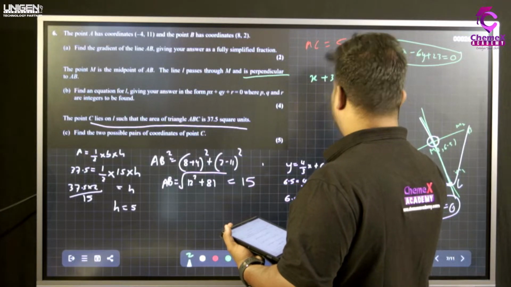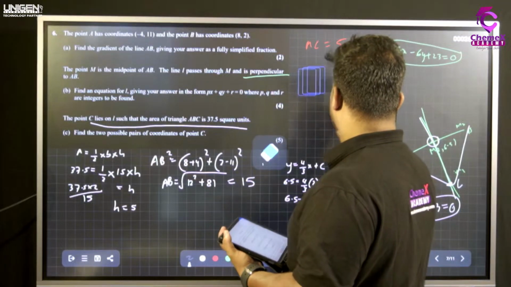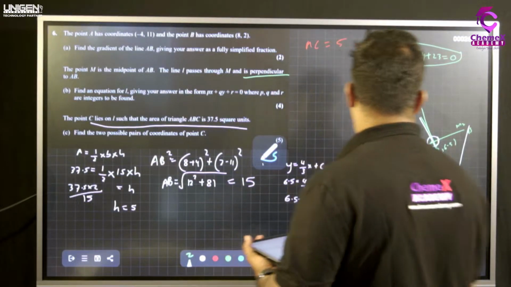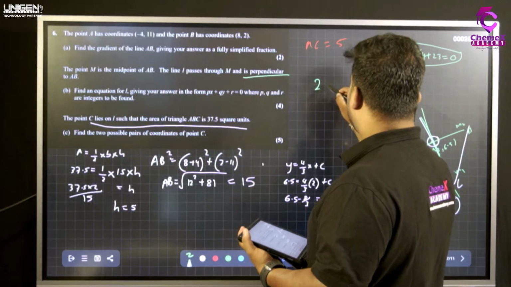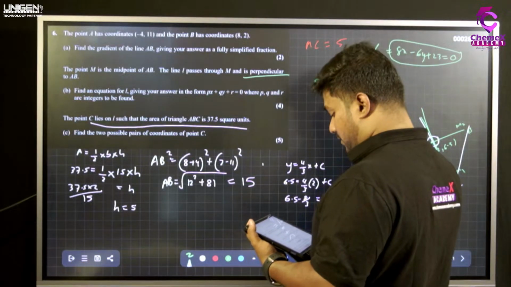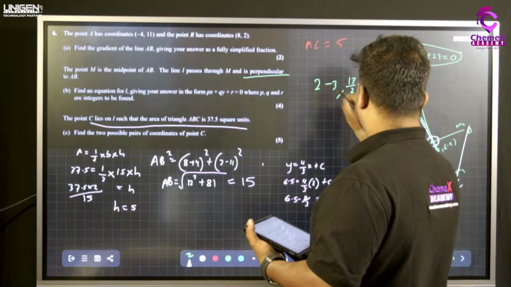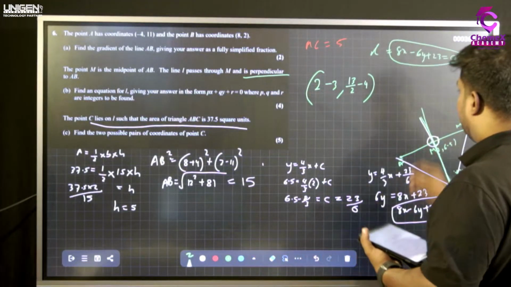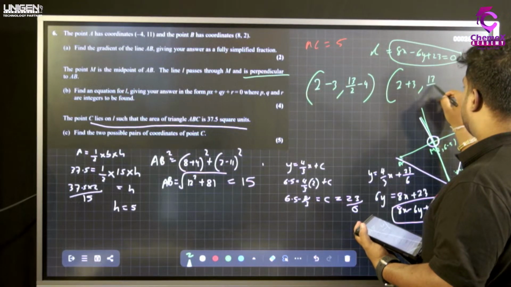For the y value you had, it's plus 4. So since M coordinate was 2, one coordinate can be 2 plus 3 and the other coordinate can be 13 over 2 minus 4. Okay. Other coordinate is 2 plus 3 comma 13 over 2 plus 4.